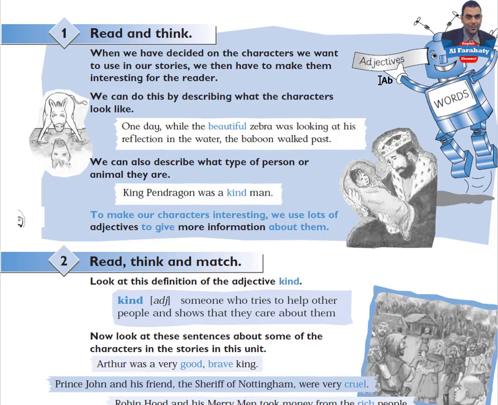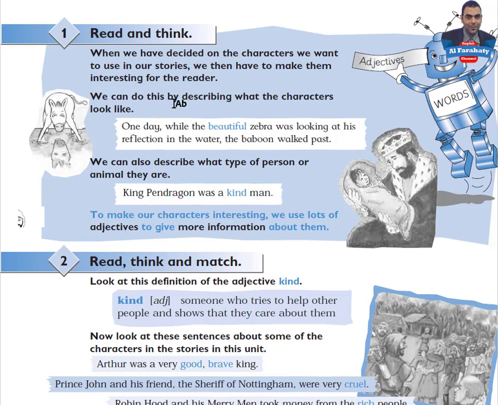Words, adjectives. Here we will learn about adjectives and how we use adjectives to describe characters. Activity 1. Read and think. When we have decided on the characters we want to use in our stories, we then have to make them interesting for the reader.